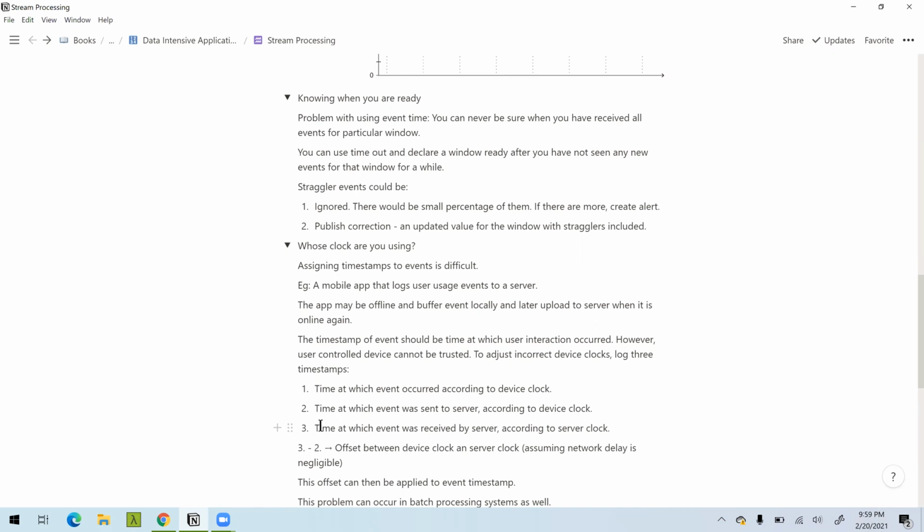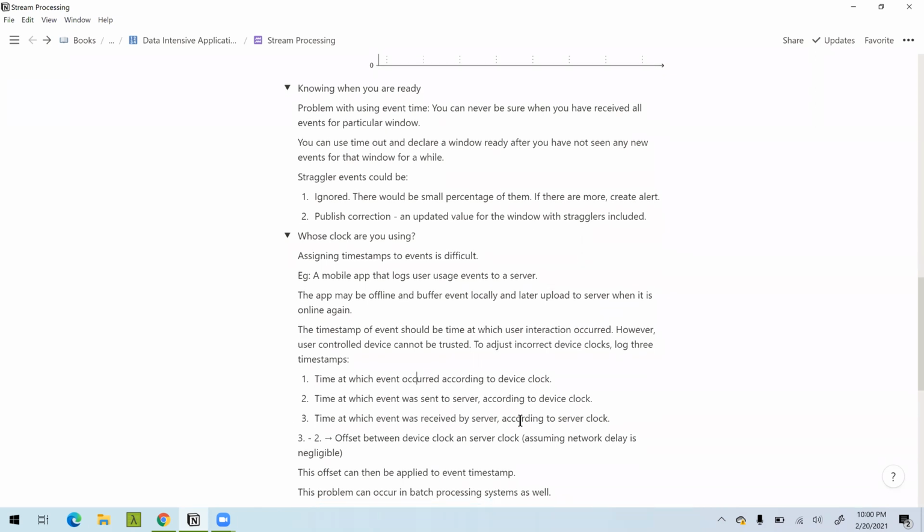And then when the event is received by the server, I will keep track of the time on my server clock. The difference between the server clock's time and the device clock's time is my offset. So, let's say I am sending an event at 10 p.m. IST, but at the server when the event was received, it is actually 10:05 p.m. IST.